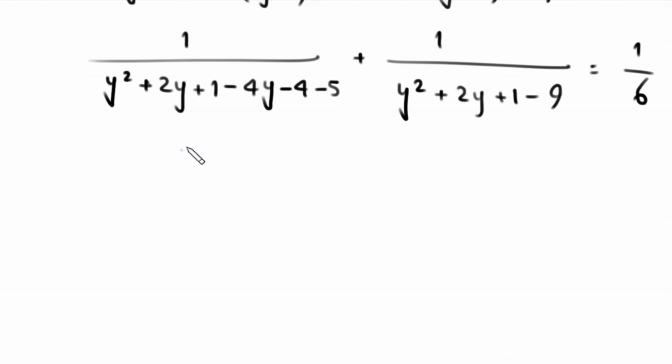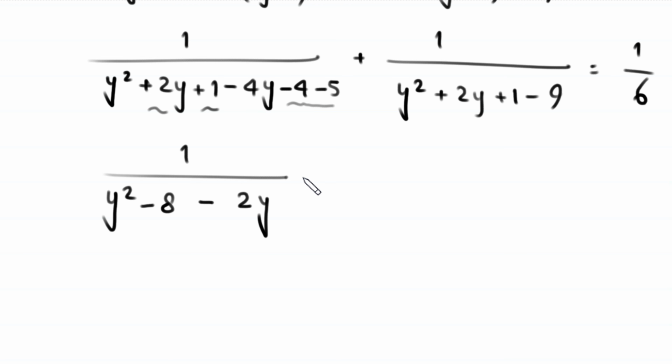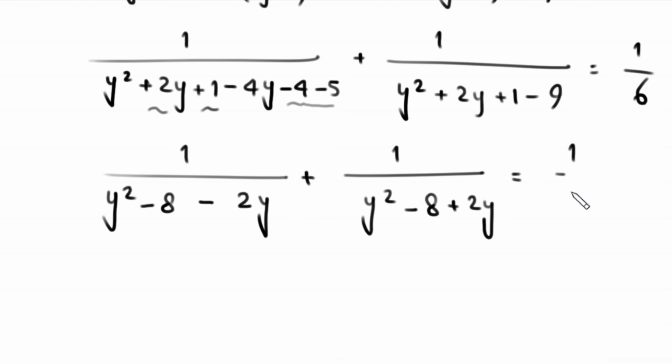Further simplify, this will become 1 divided by y squared, this 1 and negative 4 minus 5 will become minus 8, and 2y minus 4y will become negative 2y, plus 1 divided by y squared, and 1 minus 9 is negative 8, plus 2y, equal to 1 over 6. We make a second substitution.